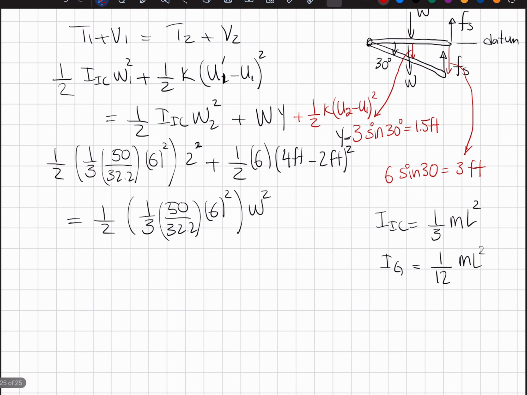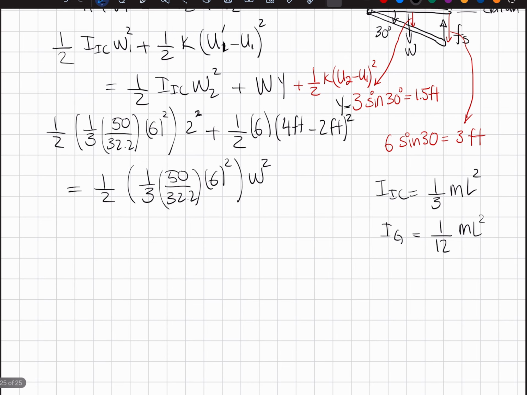So what we end up with on the right-hand side is something that's a little bit longer than what I had anticipated. We have minus 50 pounds for W. It's going down to 1.5 feet.